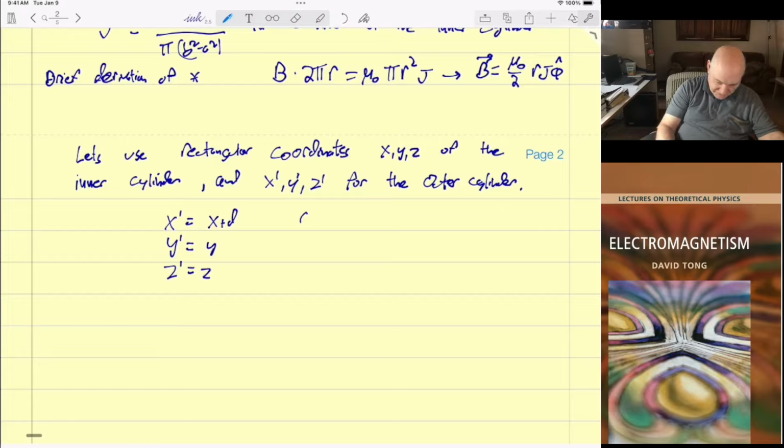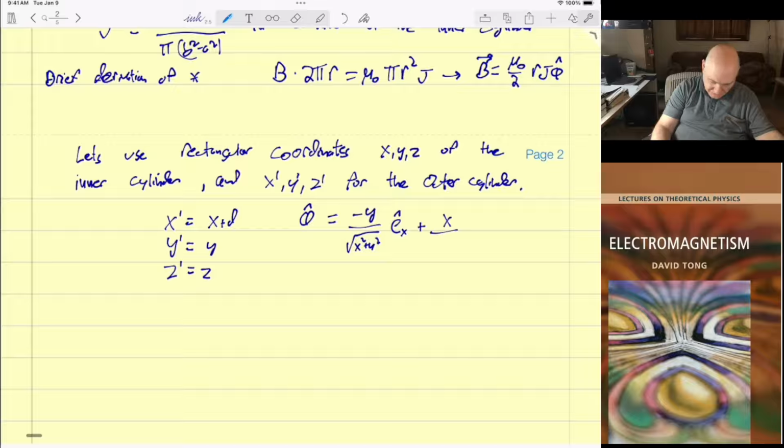Additionally, we have the unit angular polar coordinate vector, which is given by minus y over the square root of x squared plus y squared times e_x, plus x over the square root of x squared plus y squared times e_y.